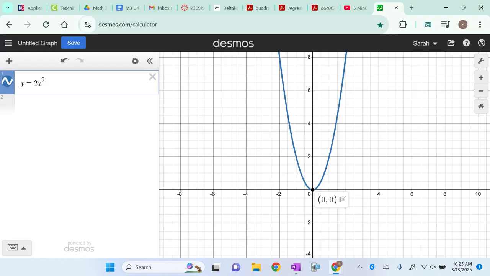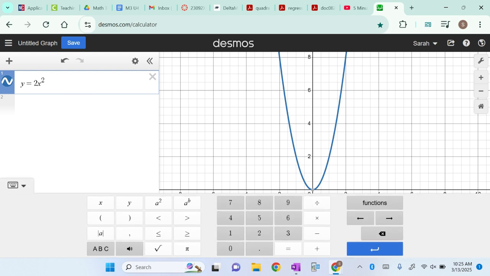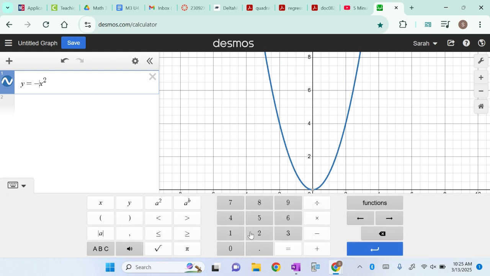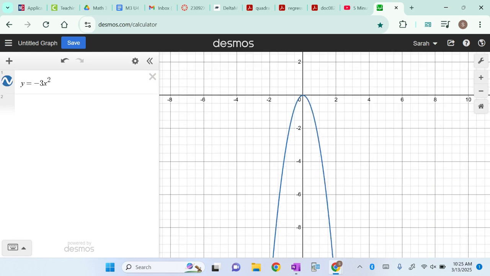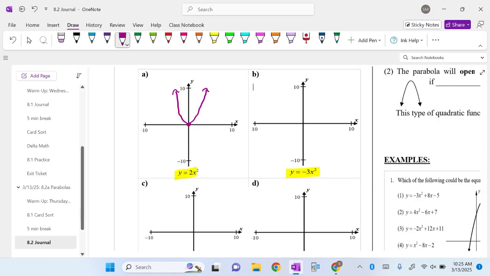Then when y is equal to negative 3x squared, I'm going to graph that. Still has a vertex at 0, 0, but it's opening downward now. So we're going to draw a quick picture of that.